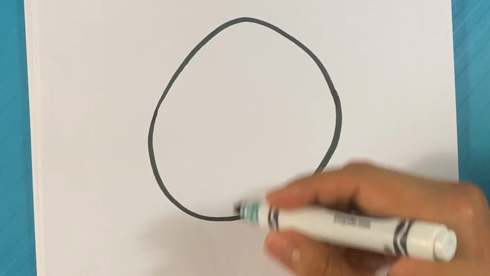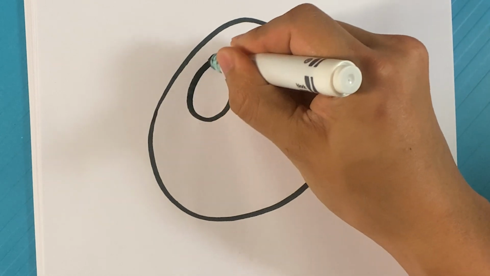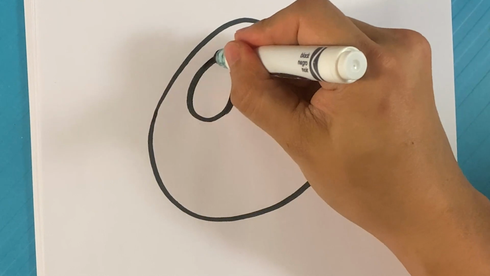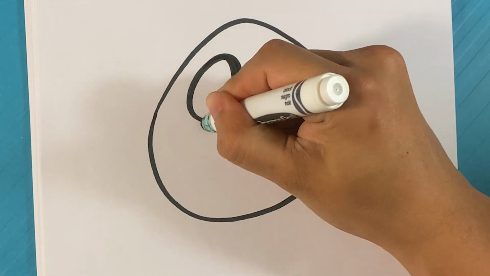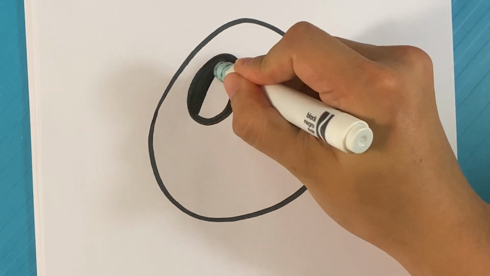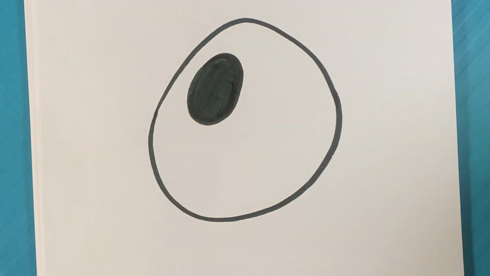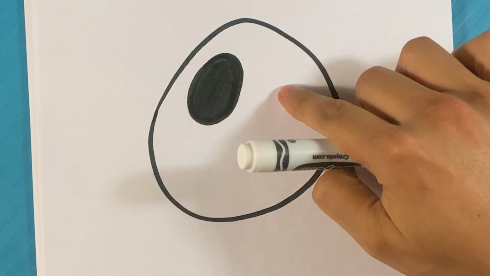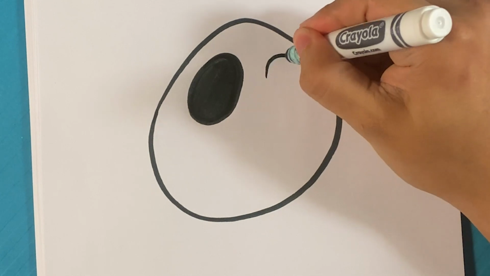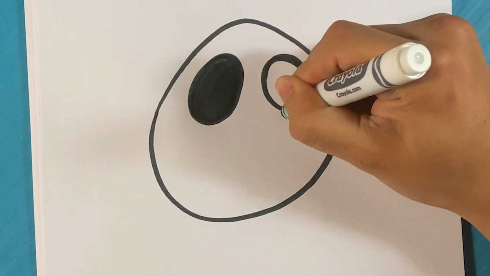So let's go over here and draw one of his eyes. Kind of egg-like there. Let me draw it a little bit bigger, actually. There we go. I'm going to fill this in to show the void of that eye. Right on. I'm going to go over here and have the eye a little bit lower on this side. It's going to be the same shape, but a little bit lower because I want it to look like, huh?